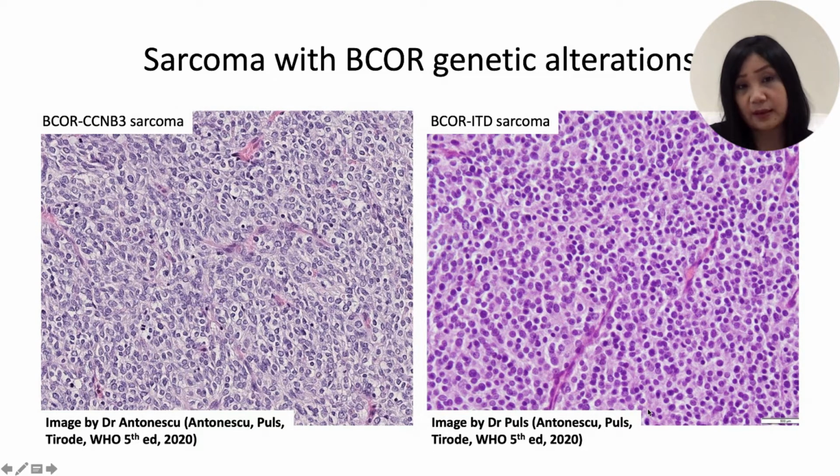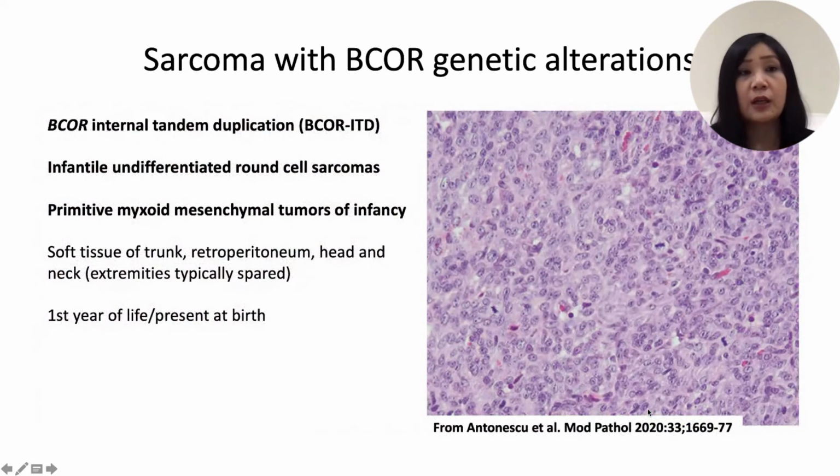BCOR CCNB3 sarcoma, mostly as ovoid to rounded cells on the left, and this on the right is a BCOR ITD sarcoma manifesting as an undifferentiated round cell sarcoma. So a few brief words on BCOR associated sarcomas with internal tandem duplication.